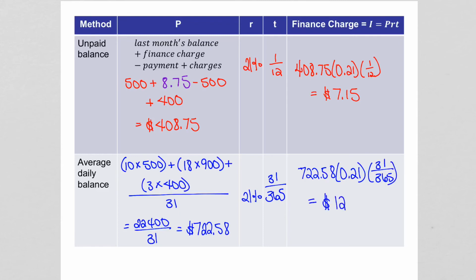And with this method, you would be paying $12.89 in interest. So it just depends on which method your bank uses. And that concludes the section.